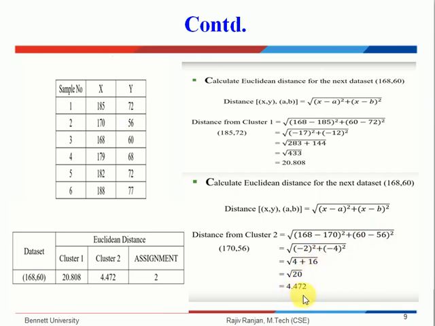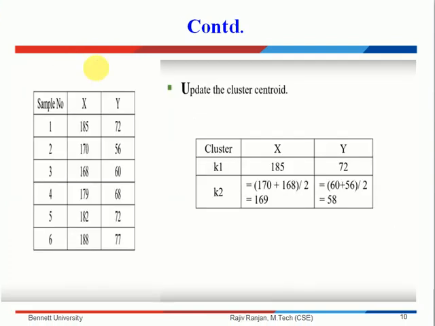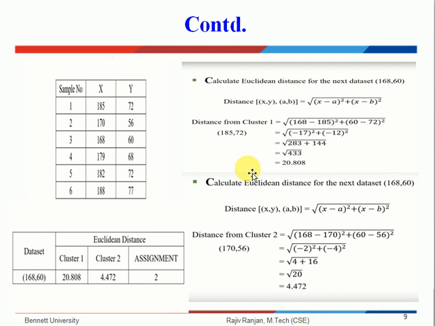Now tabulate these results in one single table. Here is the result: 20.808 is the distance from this data to cluster 1, and the distance from this data to cluster 2 is 4.472.